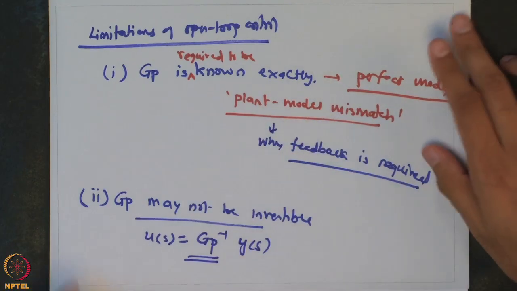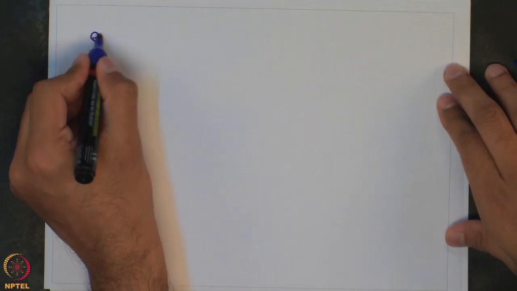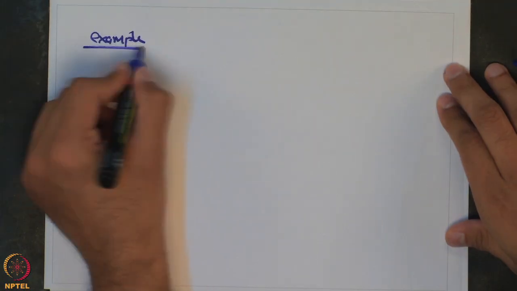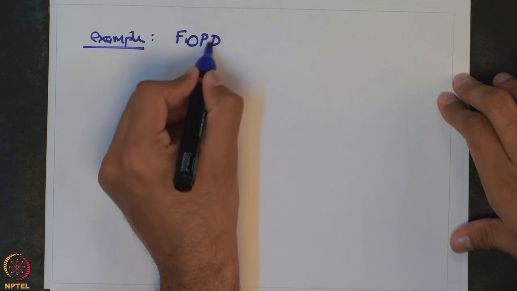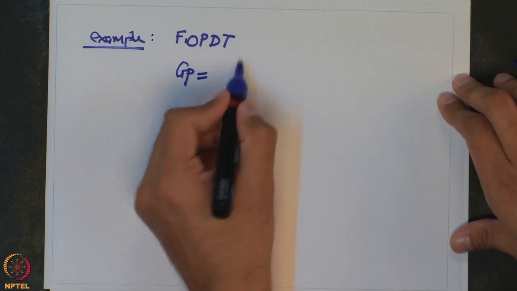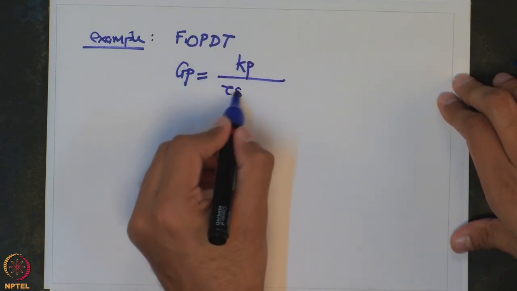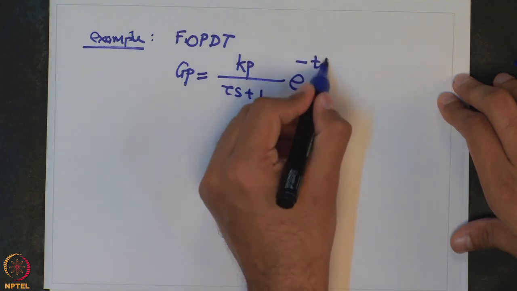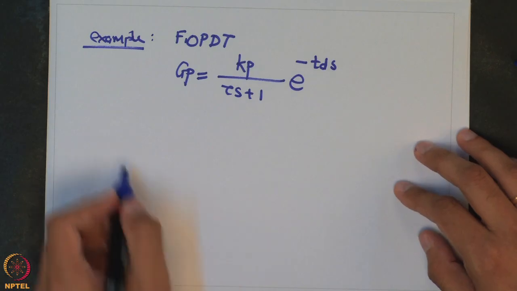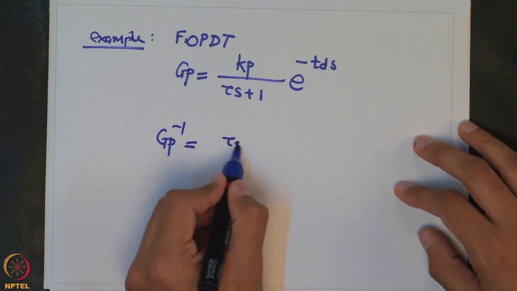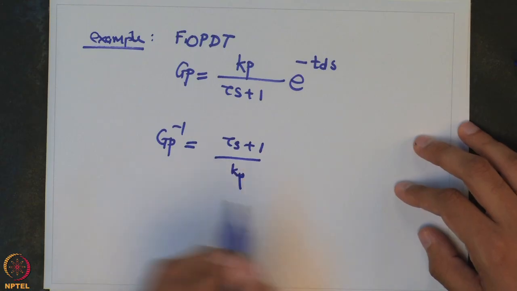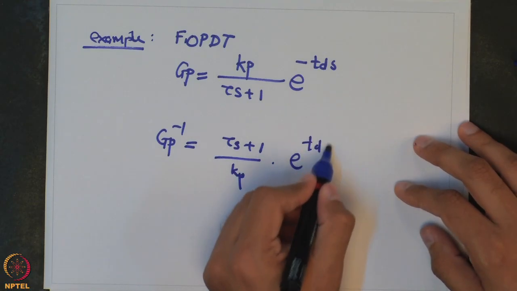Now, let us take an example that you have a first order plus dead time process, so that your Gp is Kp over (tau s plus 1) times e raised to minus Td s. When I say Gp inverse, what would I get? (tau s plus 1) over Kp times e raised to power Td s.